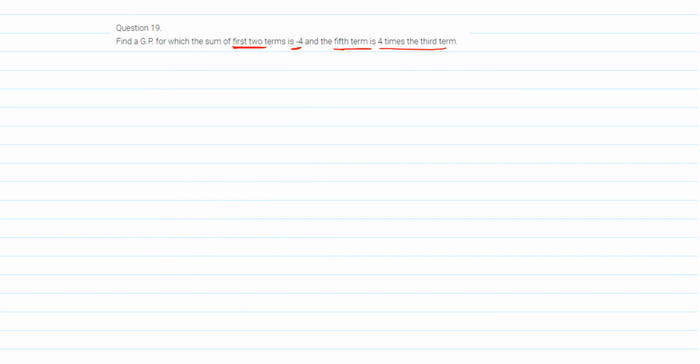Let the required GP, till the fifth term, be a, ar, ar square, ar cube, and ar raised to 4.